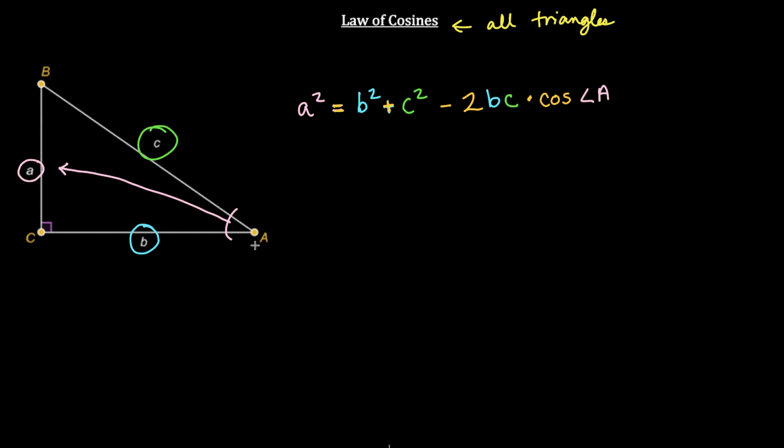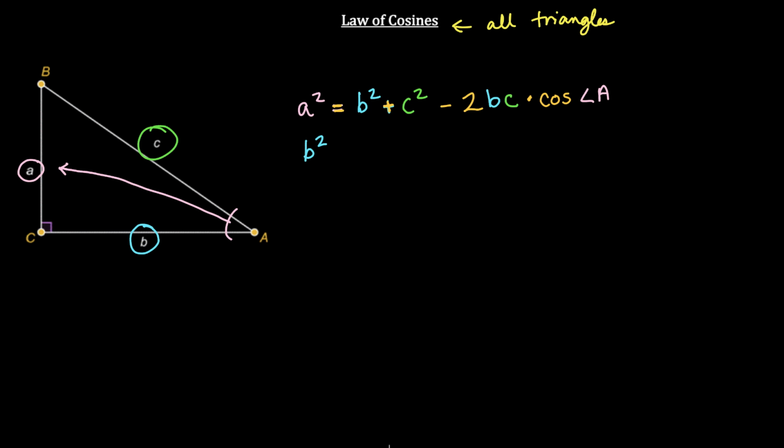Basically it's this side to the second power equals this and this together to the second power. So A squared equals B squared plus C squared minus 2 times B times C times the cosine of A. Now this works the other ways too.